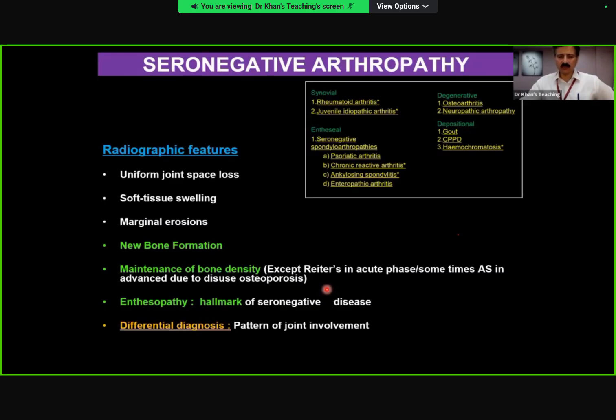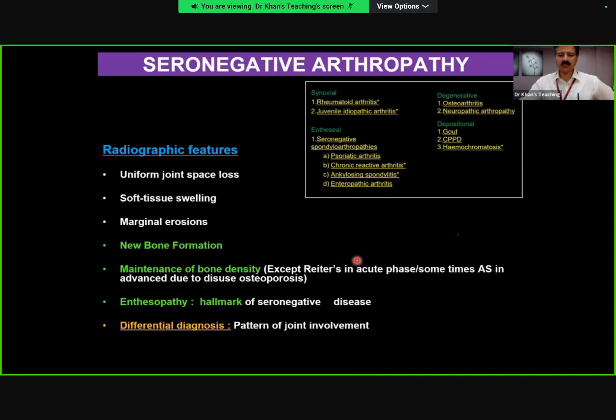Later on, we have discovered that CRA can also involve females, and for them, cervicitis, as in inflammation of the cervix, replaces urethritis. So sometimes in CRA in acute phase, you might not get osteopenia. Otherwise, you will get osteopenia.